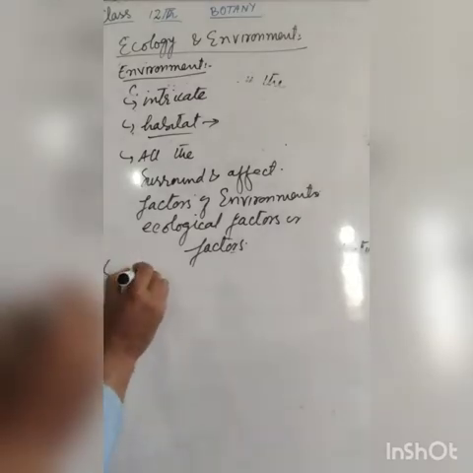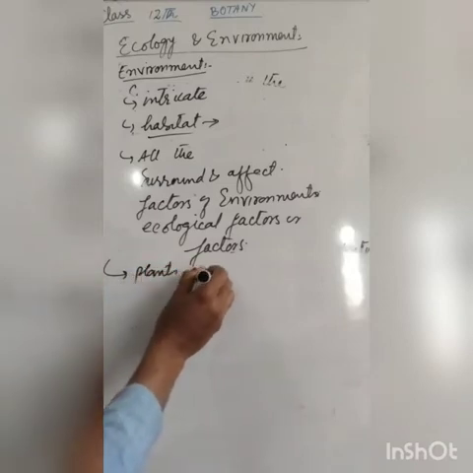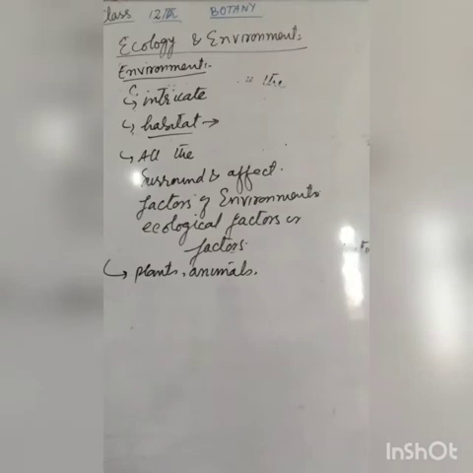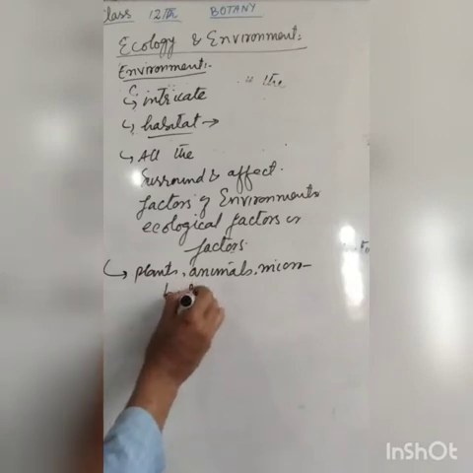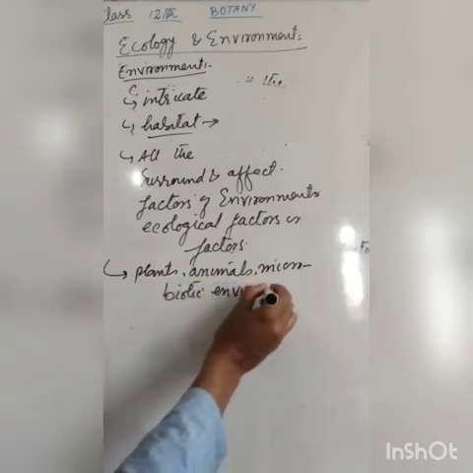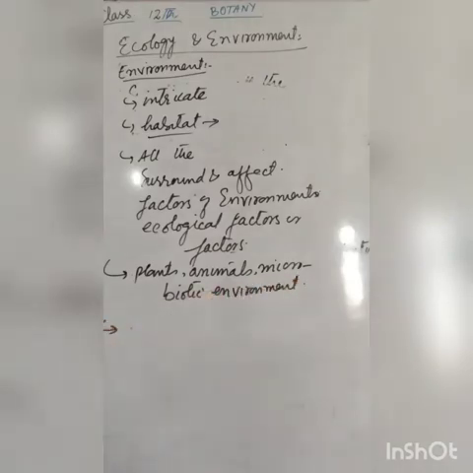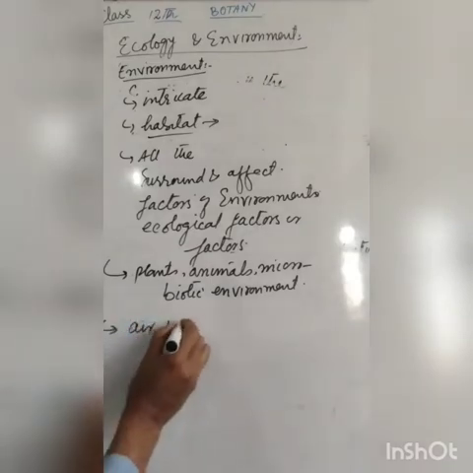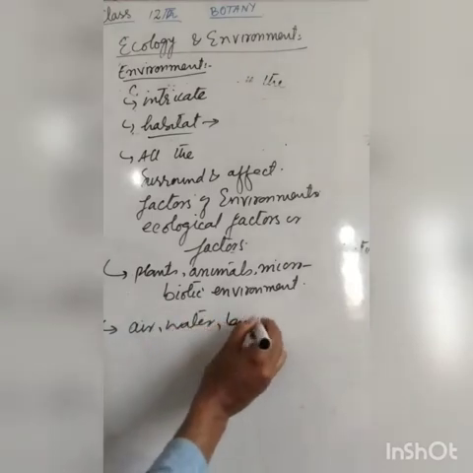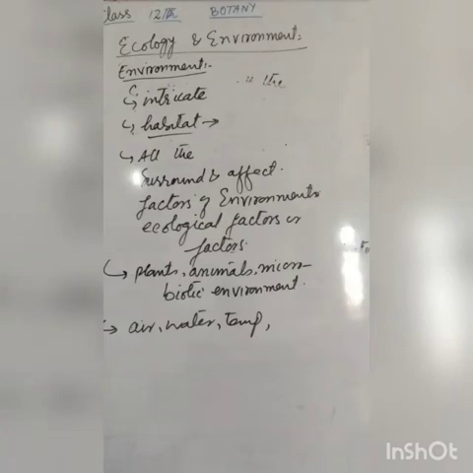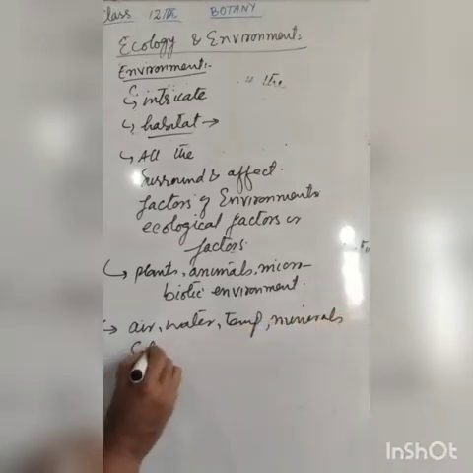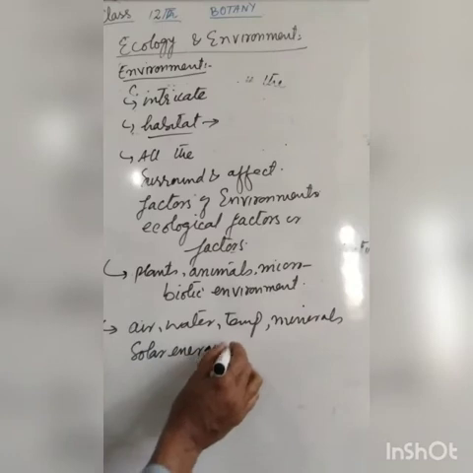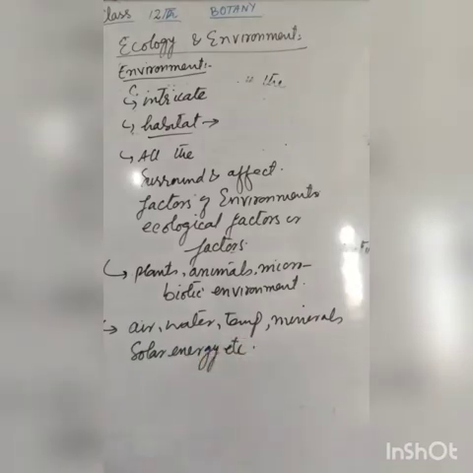That means all the living components like plants, animals and microorganisms constitute the biotic environment, while the physical conditions like air, water, temperature, minerals, sunlight or solar energy, etc. constitute the abiotic environment.